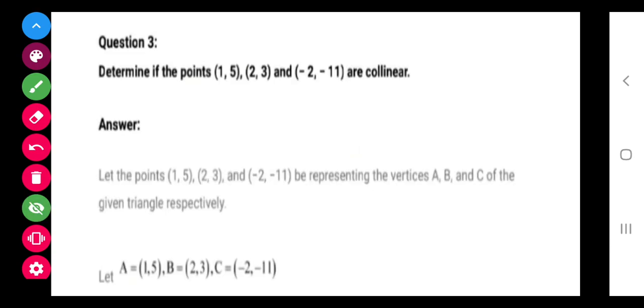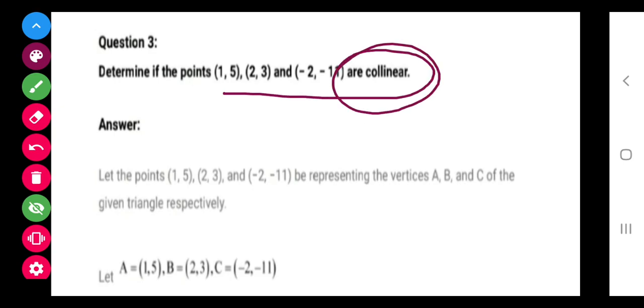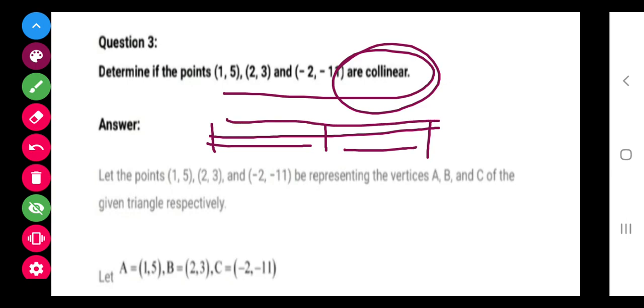The next question I have selected is the third one, collinear. To tell whether these three points are collinear, collinear means on one line. If they are on one line, then this distance plus this distance will be equal to this distance.